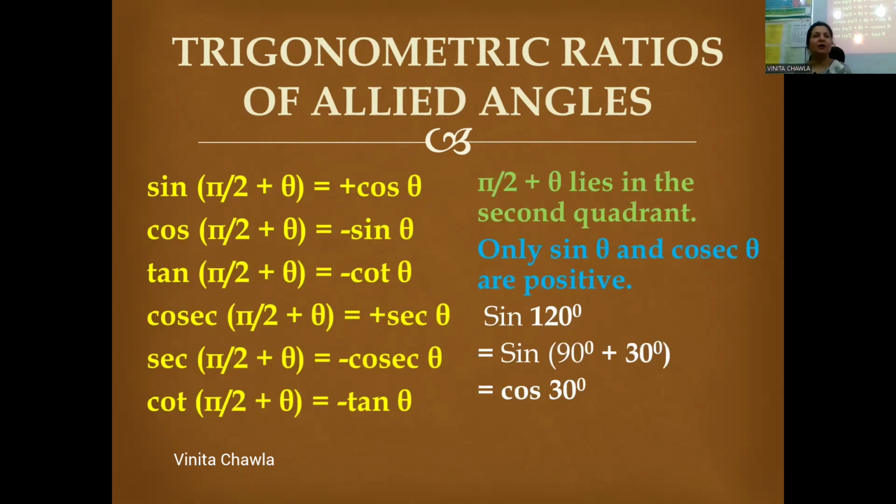Initially we had learned the values of 0 degree, 30 degree, 45 degree, 60 degree and 90 degree in lower classes. Now we can find the value of higher degrees as well. Using these relations, if we have any angle greater than 90 degree, we can find the value. Please write this.